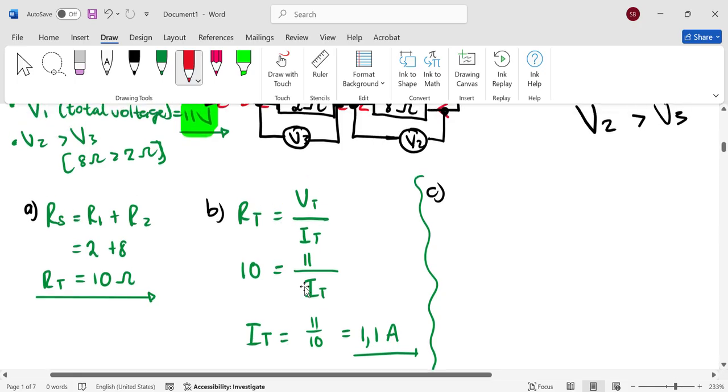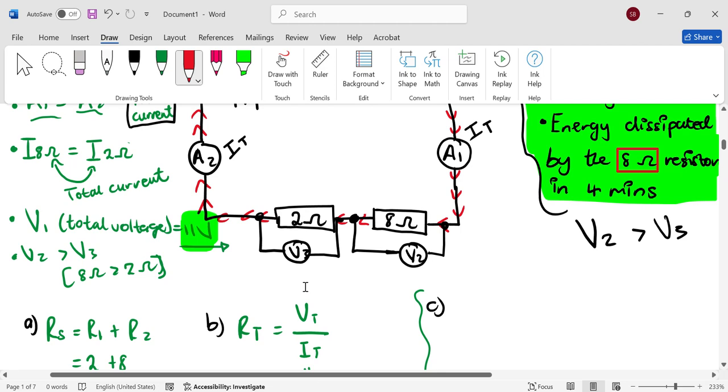As a result, remember, if you want something total, you use everything total. So for total current, you use total resistance and total voltage. And in this particular case, you want the energy across the 8 ohm resistor.